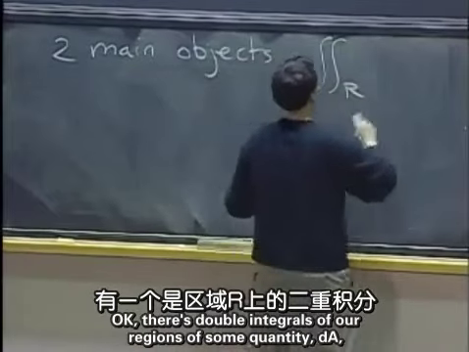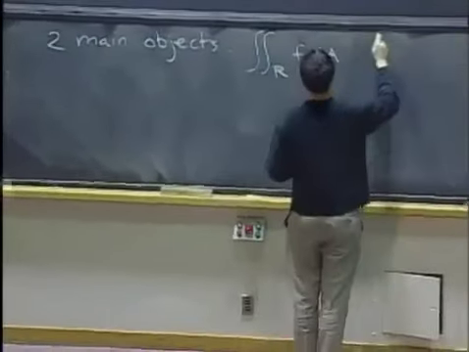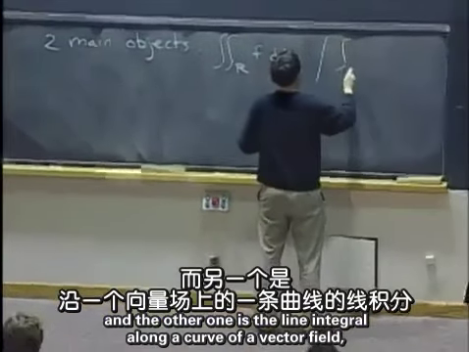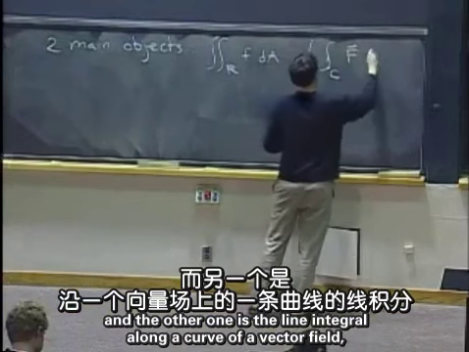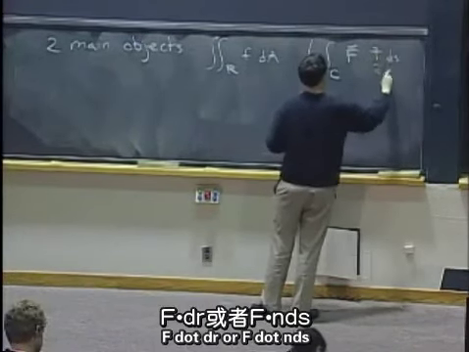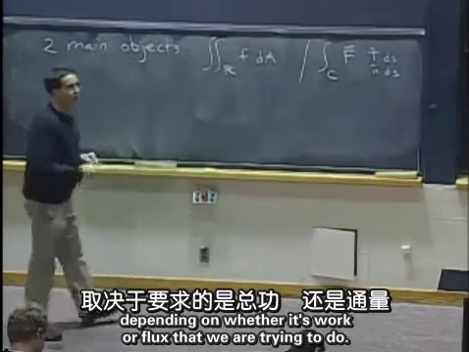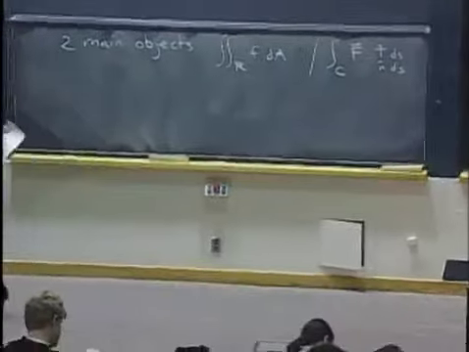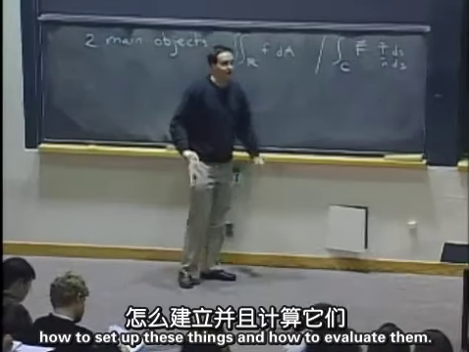There's double integrals over regions of some quantity dA. And the other one is a line integral along a curve of a vector field F.dr or F.n ds, depending on whether it's work or flux that we are trying to compute. And so we should know how to set up these things and how to evaluate them.